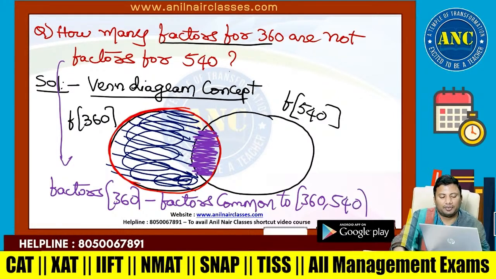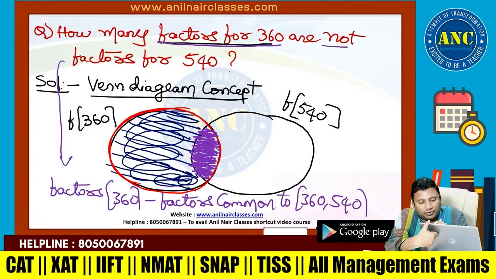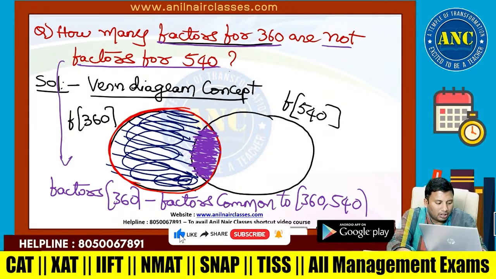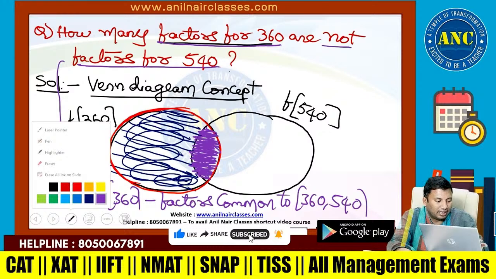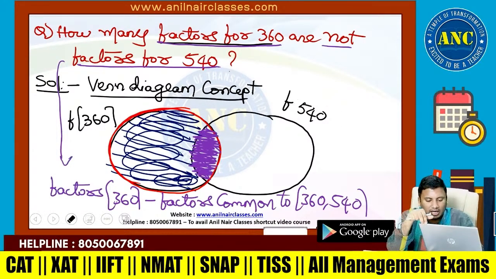Total circle of 360 minus, if you subtract this common region, I will get the answer for this question. I hope it is clear. By using the diagram, it will be very clear. Now we'll solve this one.